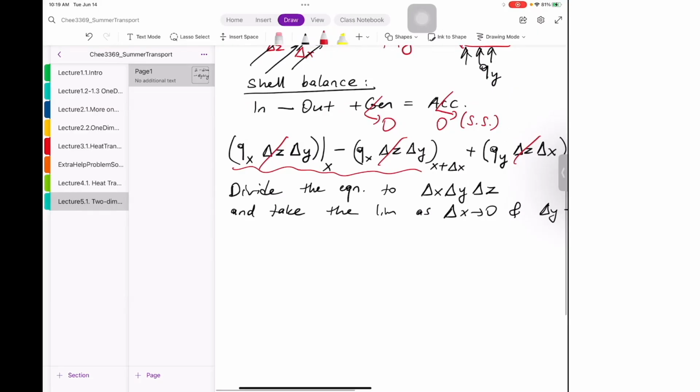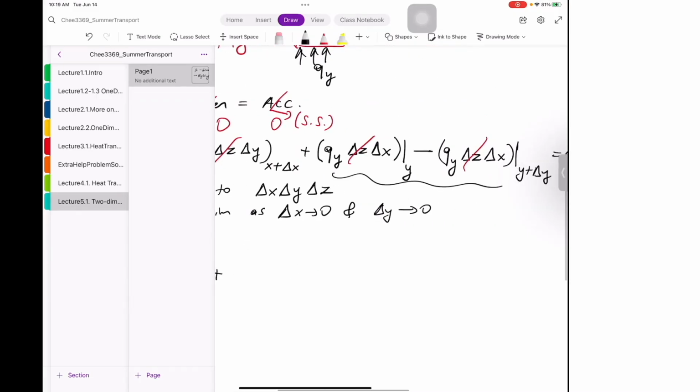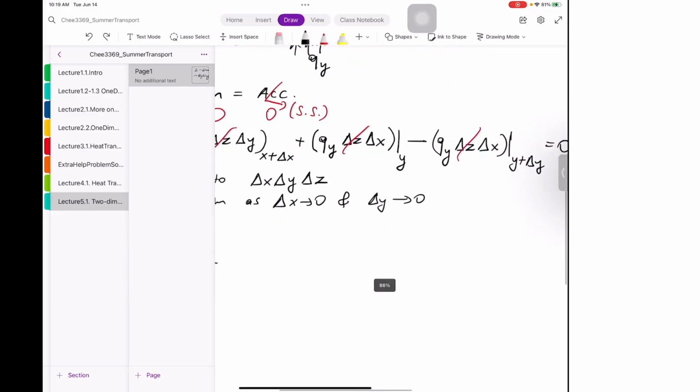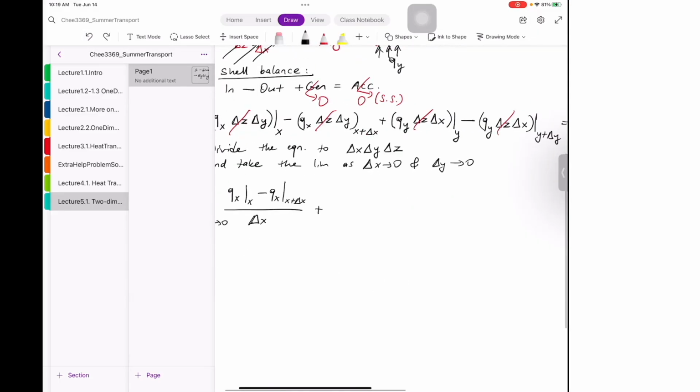For this part, delta y's are going to cancel, but there's going to be a delta x surviving in the denominator. So you get qx at x minus qx at x plus delta x divided by delta x, limit as delta x goes to 0, plus for this part, you get rid of the delta x, but the delta y appears in the denominator.